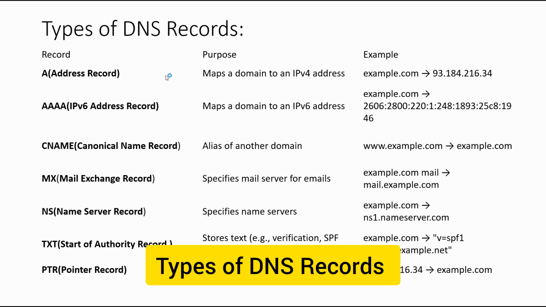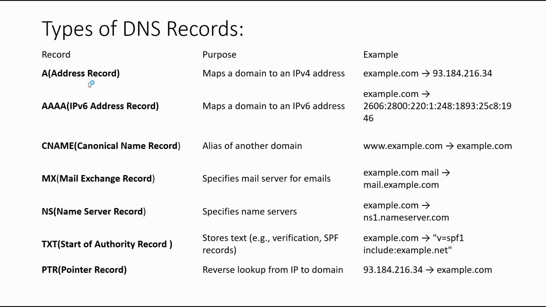Types of DNS records. A record, that is the address record, maps a domain name to an IPv4 address. For example, here example.com is being mapped to the IPv4 address. Next, the AAAA record, the IPv6 address record, maps the domain name to an IPv6 address.